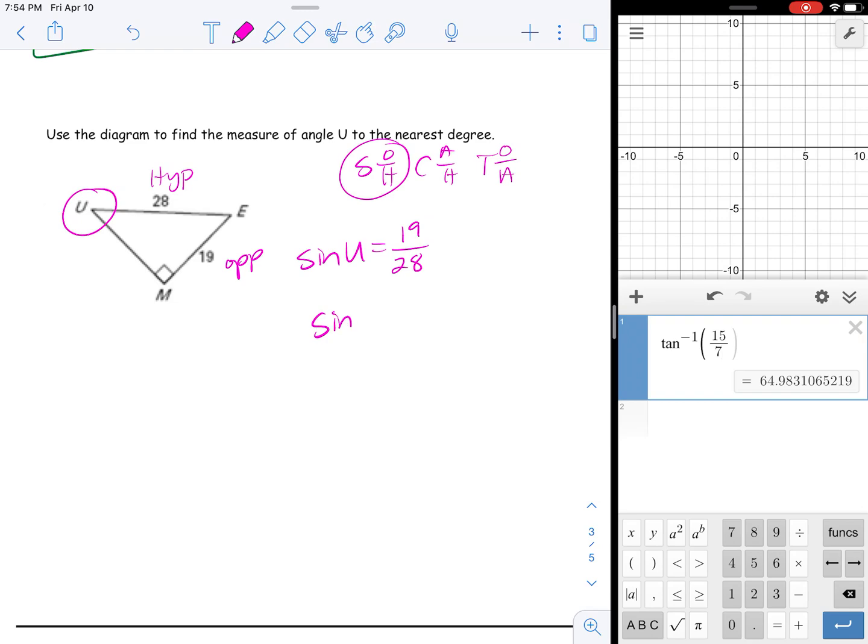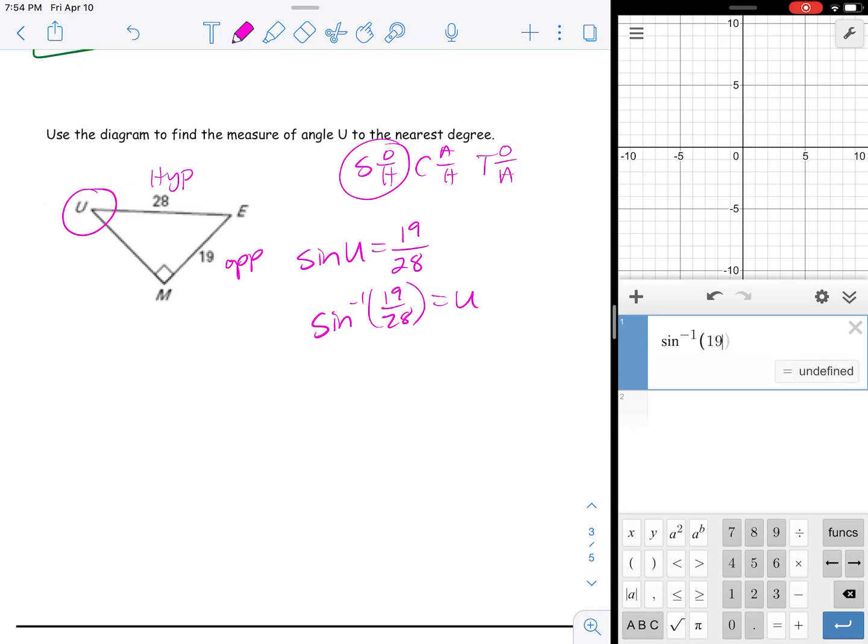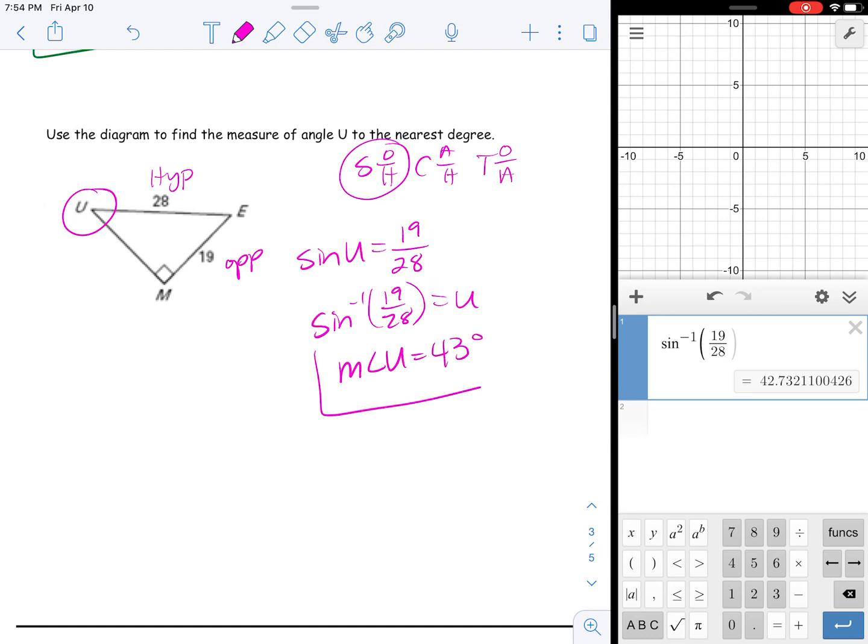You're going to do the inverse sine of 19 over 28, and that will give you U. So you're going to type function, inverse sine, 19 divided by 28, 43. So the measure of angle U is 43 degrees.